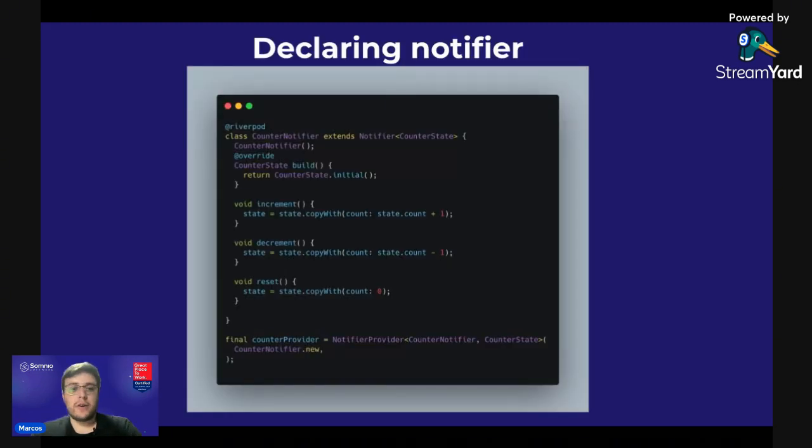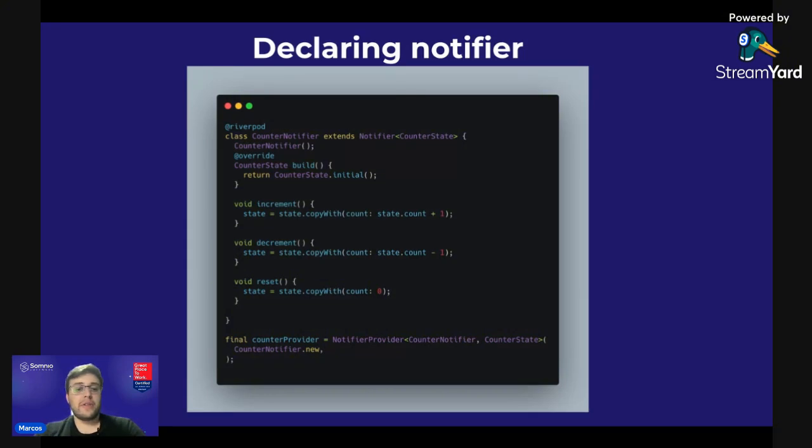So let's declare the notifier. This is really similar to Bloc, but let's remark some main differences here. The first one is that we have a build method here, which is responsible for initializing the notifier. Then the second difference is the public methods.